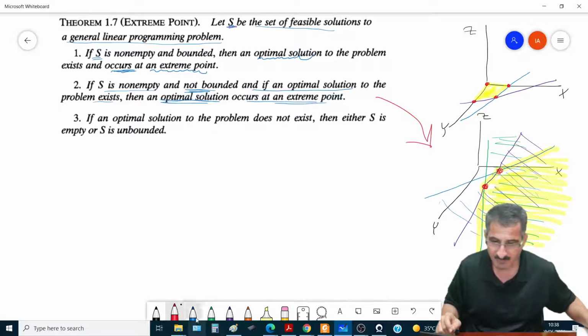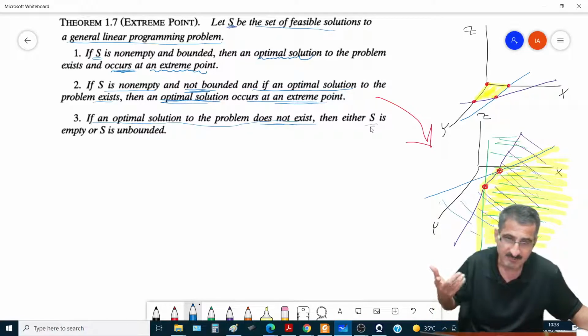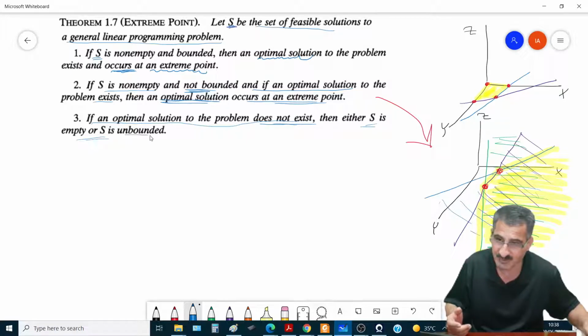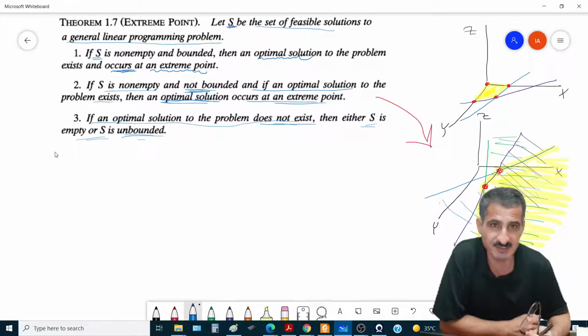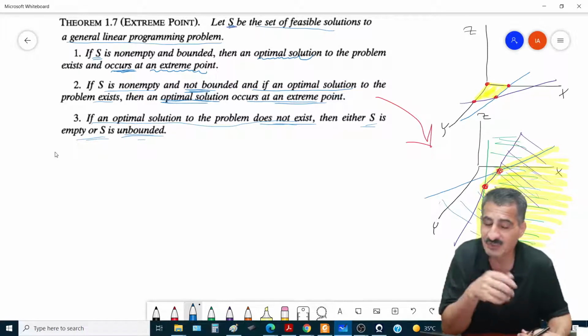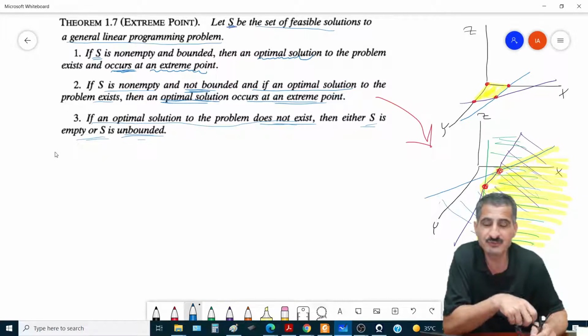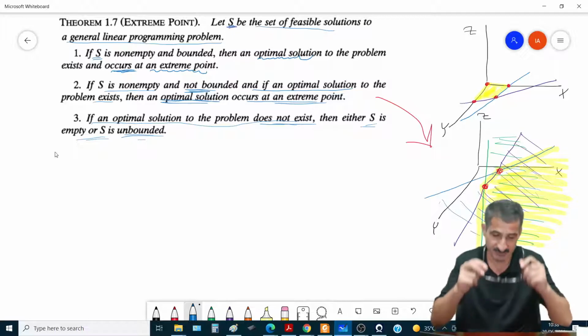Now number 3. If an optimal solution to a problem does not exist, then that is because S is either empty or unbounded. So the only cases where solutions do not exist are when there is no feasible solution at all, S is empty, or there are infinitely many solutions, the convex set of solutions, but it is unbounded.